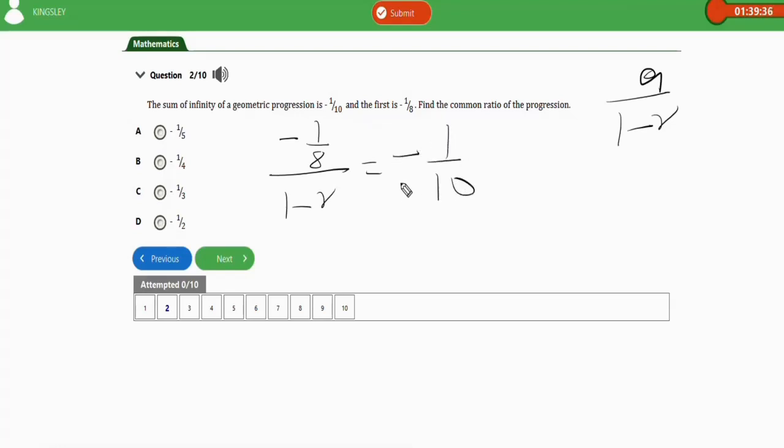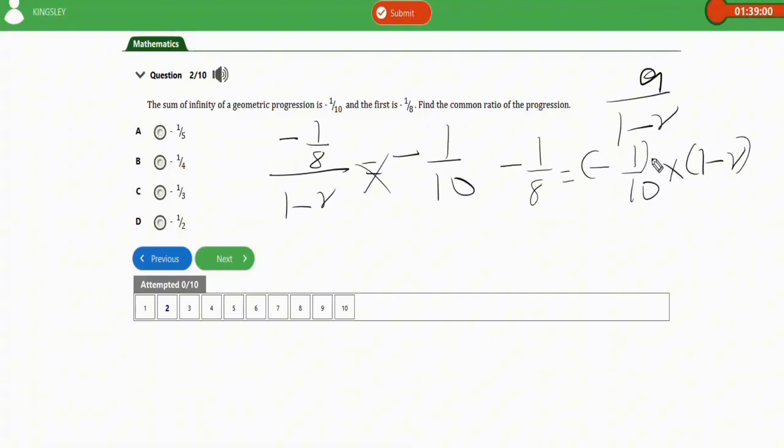This is simple logic. When you cross multiply, we have minus 1 over 8 equals minus 1 over 10 times 1 minus r. So this 1 minus r is multiplied with everything at the numerator here.